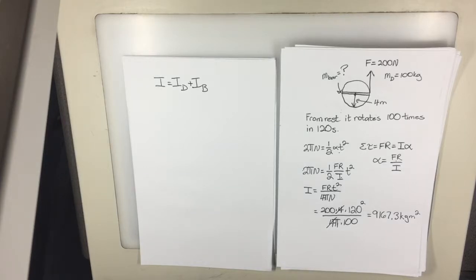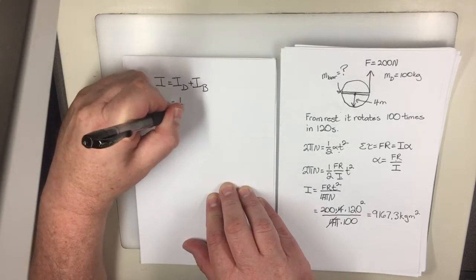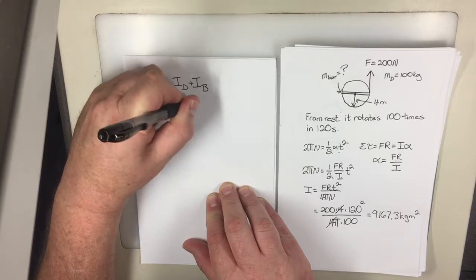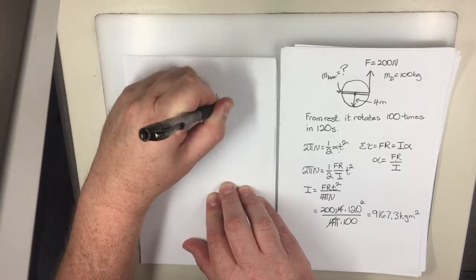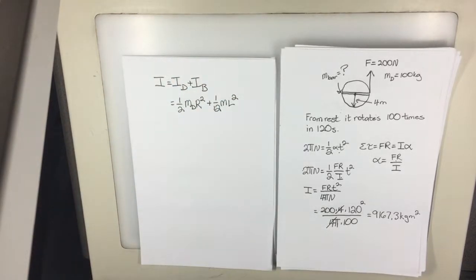Now in this particular case, the center of mass of the bar is at the rotation point, so we don't have to deal with the parallel axis theorem. The disk is 1/2 mass of the disk R squared, plus 1/12 m l squared. L is the length of the bar.